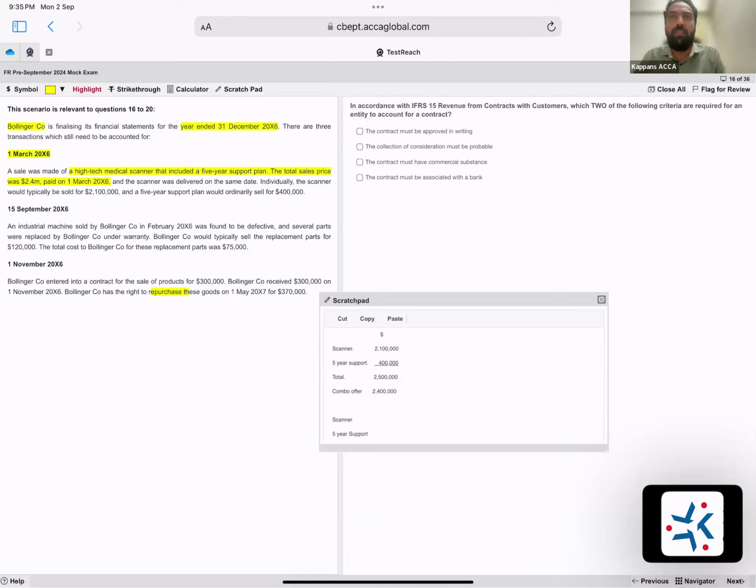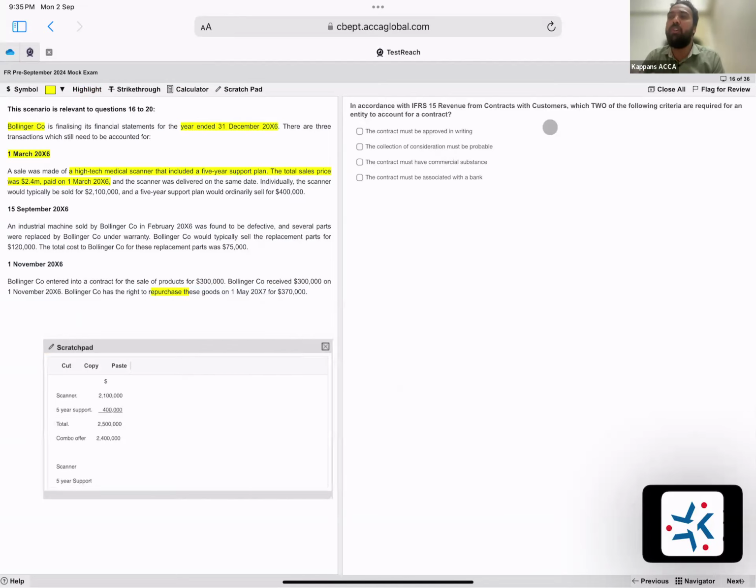So now let's read the first question of case scenario number 1. 16th question. In accordance with IFRS 15, revenue from contracts with customers, which 2 of the following criteria are required for an entity to account for a contract? The contract must be in writing. No, it's not a criterion.